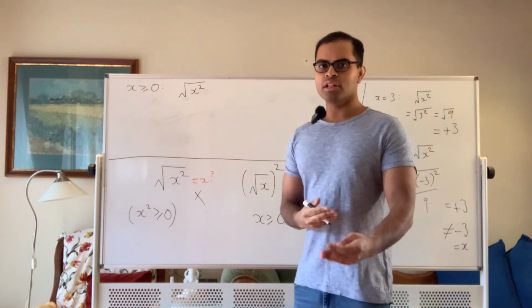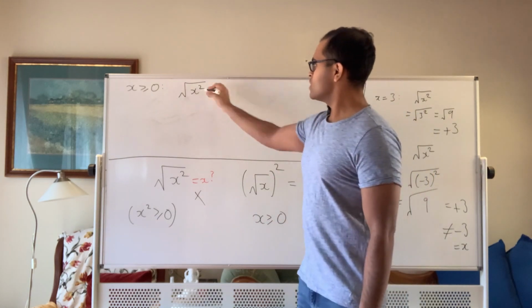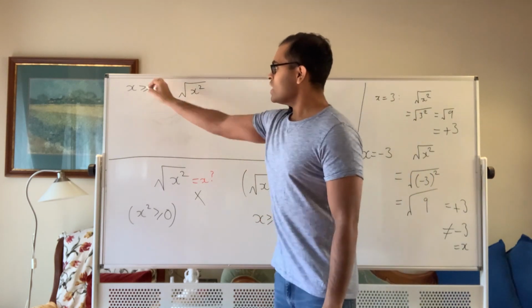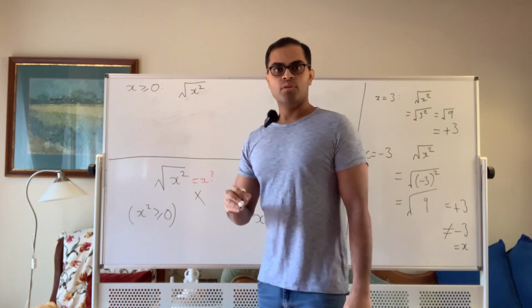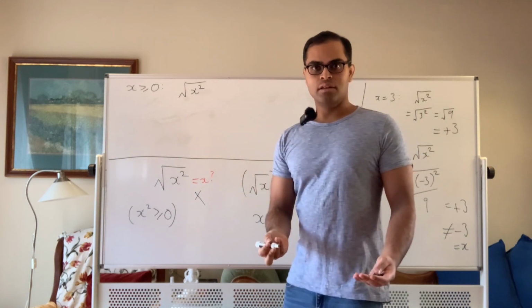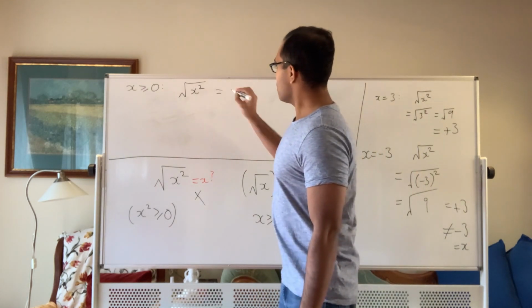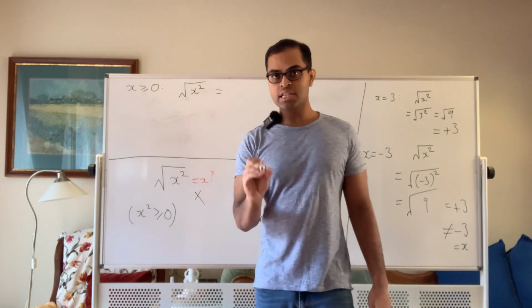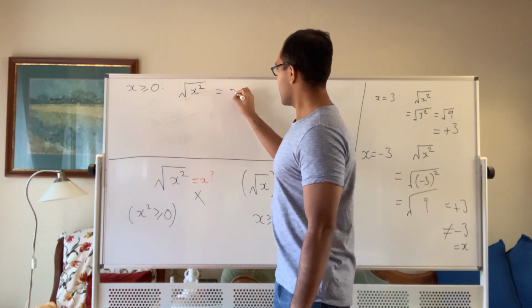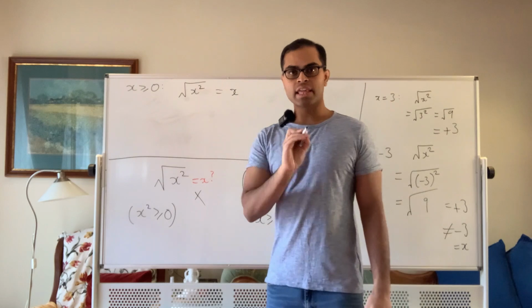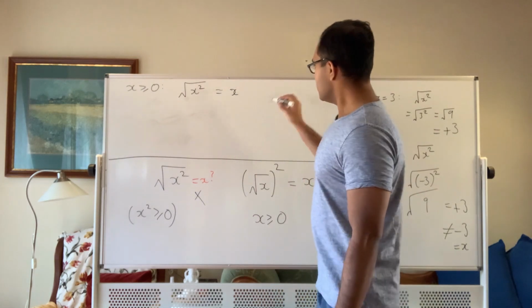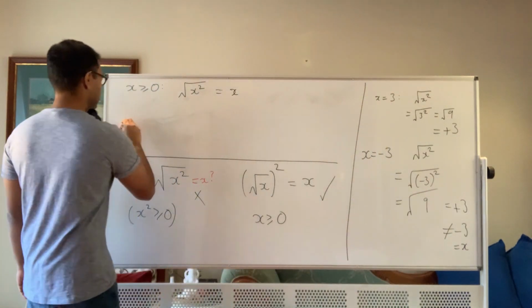And when I say positive, it could also be 0. Okay, so non-negative number that squares to be x squared. So we know that x is already non-negative. We know that x squared is x squared. So we know the square root of x squared, by definition of being the non-negative number that squares to be x squared, has to be x. Okay, so that's all good. The next case is what happens when x is less than 0.